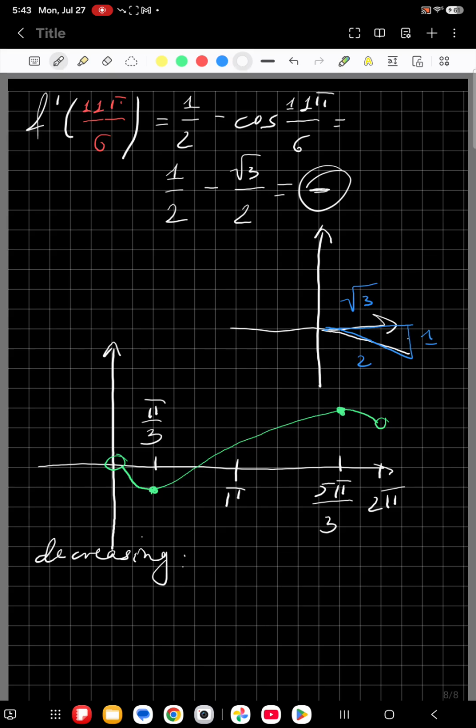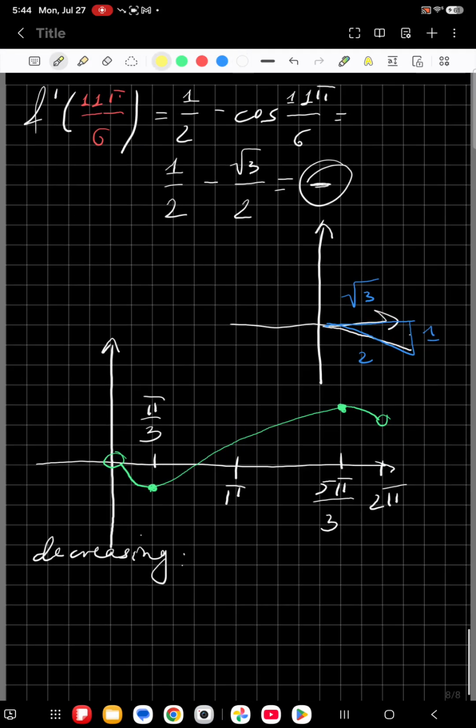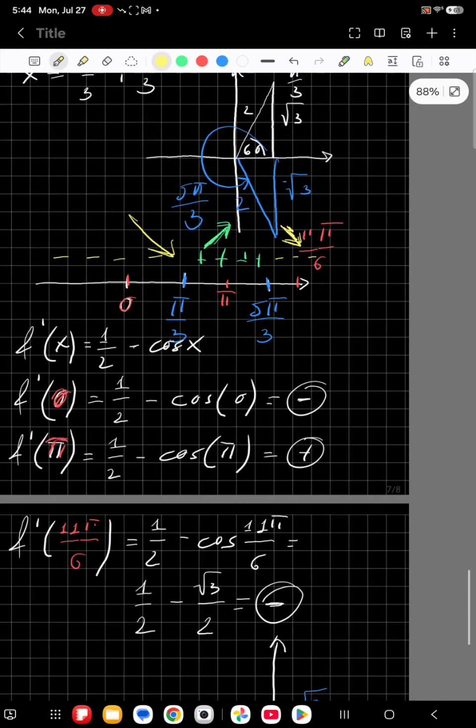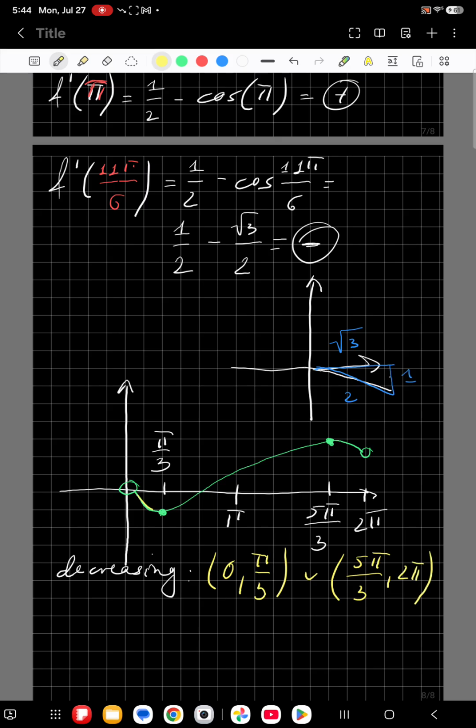So decreasing was color yellow, and it was from 0 to pi over 3, and then also from 5 pi over 3 to 2 pi. So you see those two intervals, over here and over here.